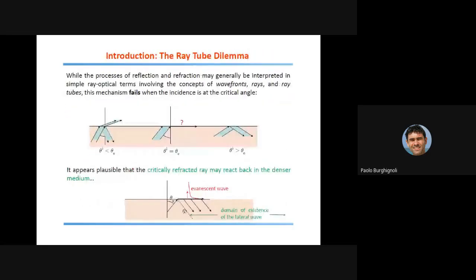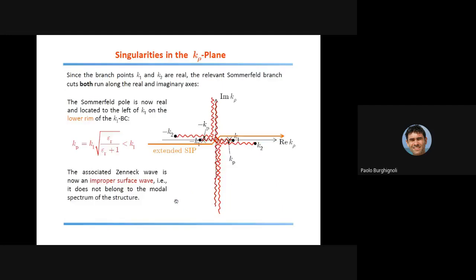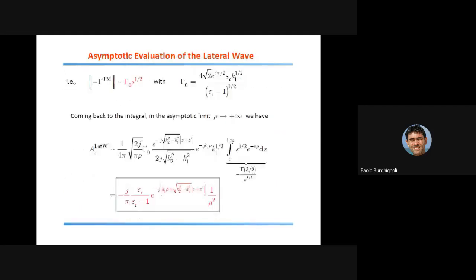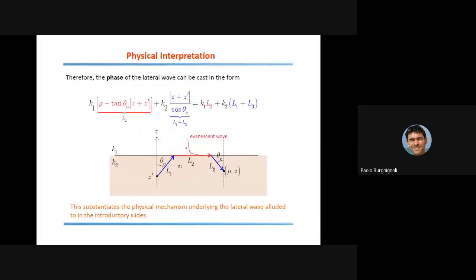Here we had imagined a mechanism in which there was a critical impinging ray that goes along the interface for a while and then comes back in the lower medium. This is exactly what the phase of the lateral wave evaluated asymptotically has told us here. So the lateral wave in practice does exactly this.